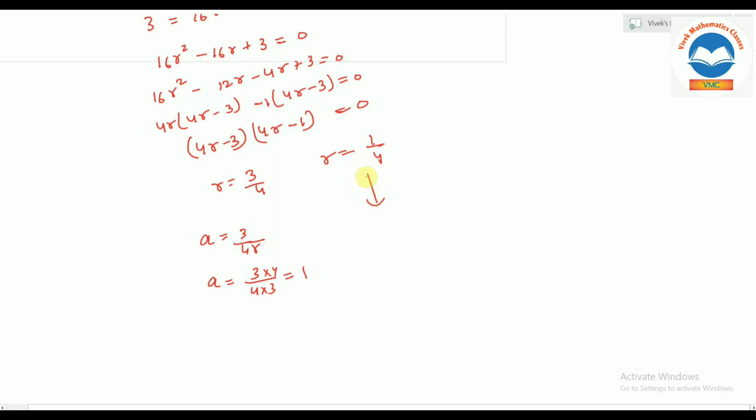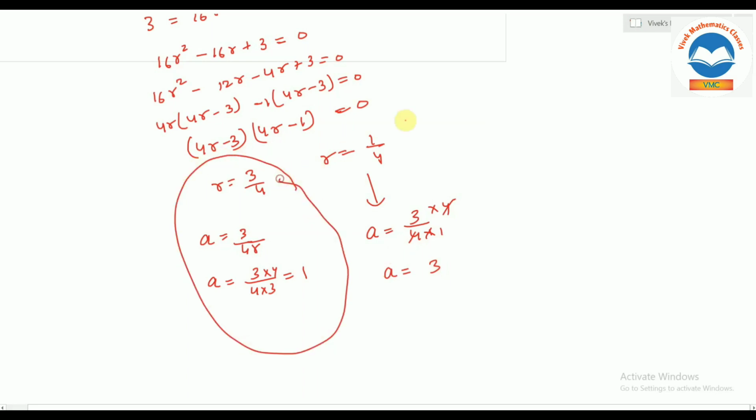So for this, if r will be 1 by 4, what will be a? 3 by 4 divided by r. r will be 1 by 4. This will be cancelled out. So a will be 3. Any one of these cases will be your answer. Either this or this. Okay, we'll check.